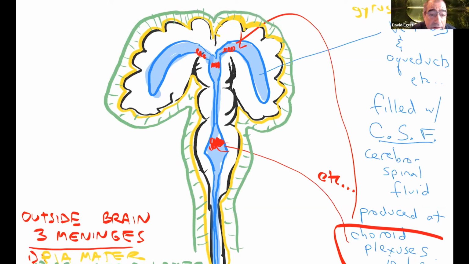It does not follow every nook and cranny. It does not follow every sulcus and gyrus. It kind of floats above that all. And there's a space that gets created underneath it, and that space is going to be the subarachnoid space.